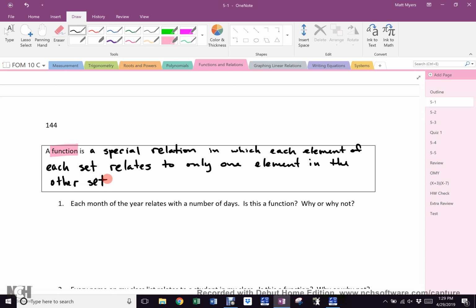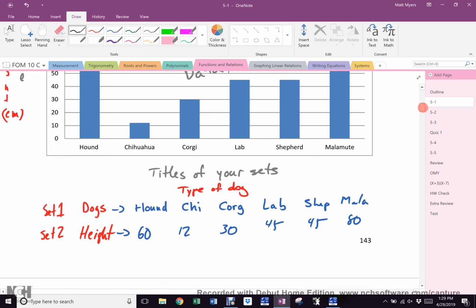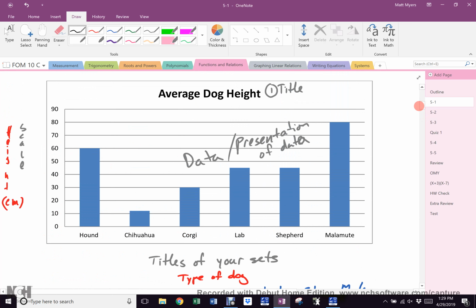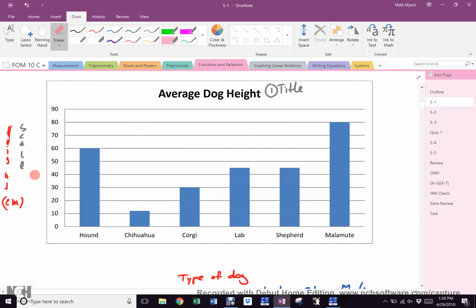Anytime you compare two things, you have a relation. Sometimes that comparison is special and it's a function. Now you're not going to do any writing for a minute, but we're going to turn back over to this page. All right? Now, I'm going to erase some of this ink because I don't need it here. All right. Now, is hound an element? Yes.